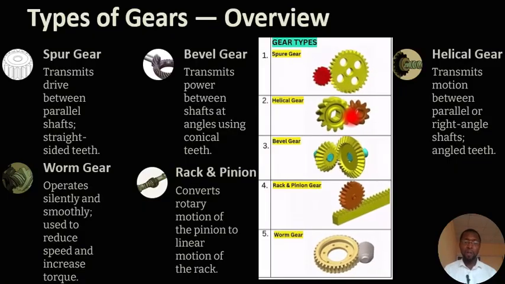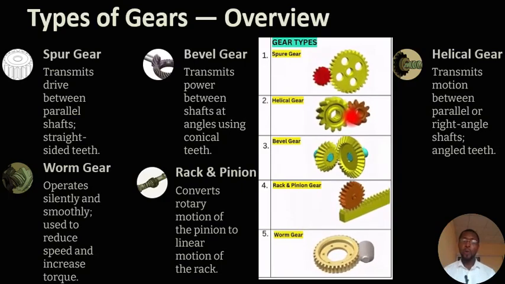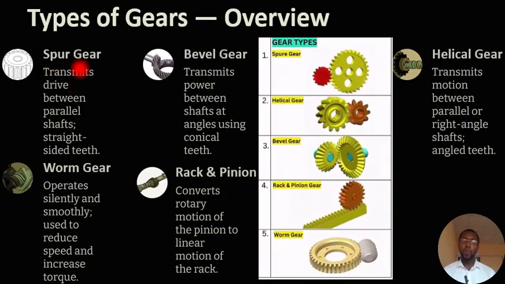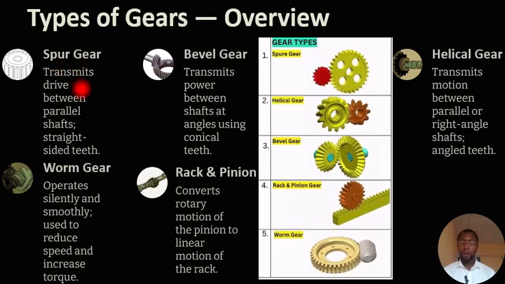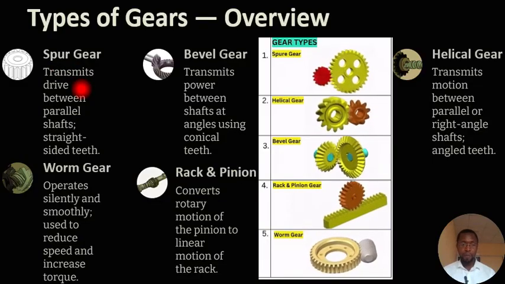So these are the 5 types of gear that we have, and the most common one that is used in transmitting power from one point to the other is called the spur gear.